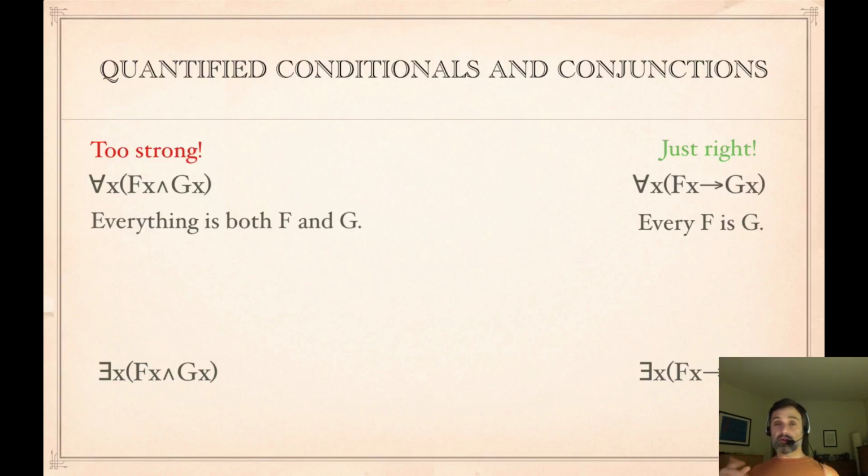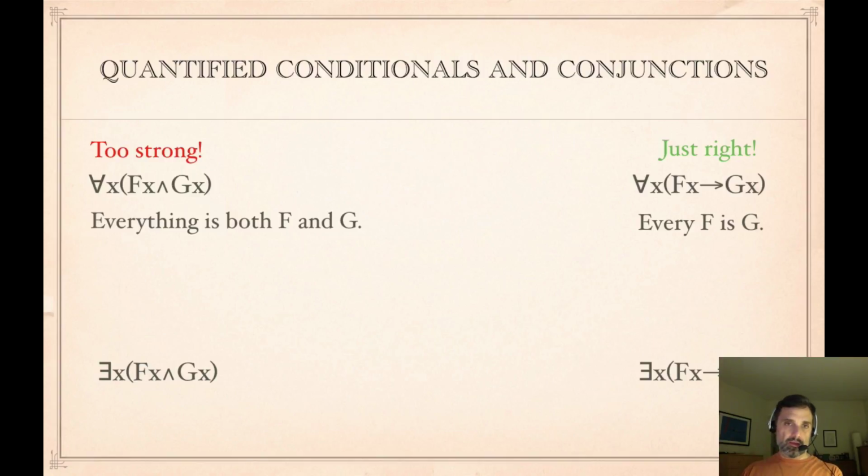But every frog is green does not say that everything's a frog, and it does not say that everything is green. It says each of the frogs is green, but there may be all sorts of other things besides the frogs, and they don't have to be green. And that's totally compatible with saying every frog is green. But if I say everything is both F and G, then it can't happen that there are any, let's say, blue emus. Blue emus are fine. They're totally compatible with every frog is green, but they're not compatible with everything is a green frog.